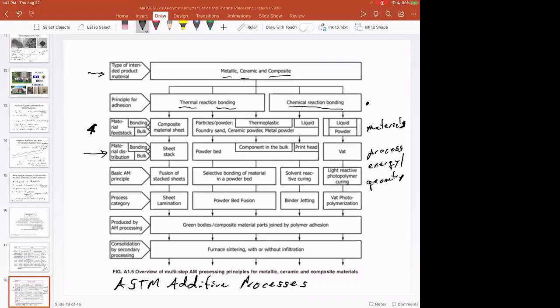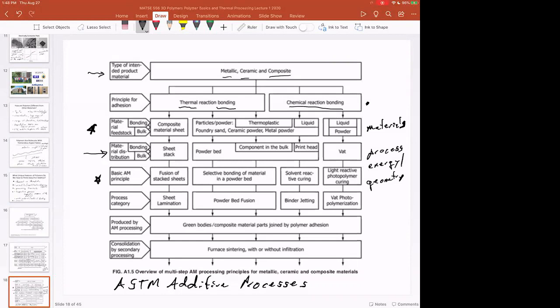Then we have the basic AM principle, which is interesting. So are you fusing sheets? Are you solvent reactive curing? Are you light reactive curing? We'll talk about all these things. And of course, the AM principle needs to be matched to the characteristic of the polymer. So you're not going to light reactive cure a thermoplastic because that's not how thermoplastics are processed.